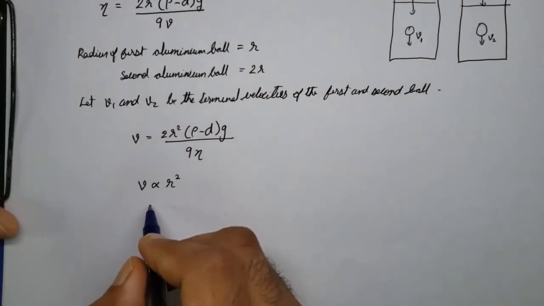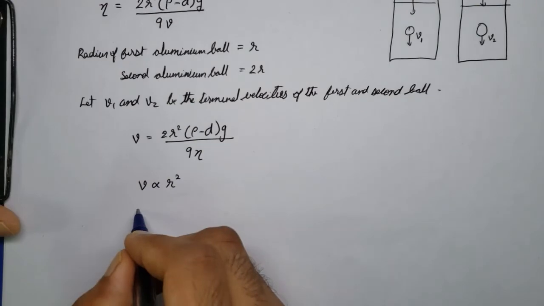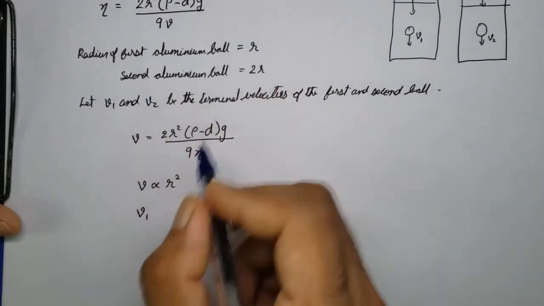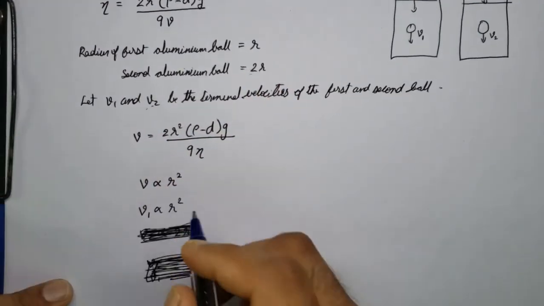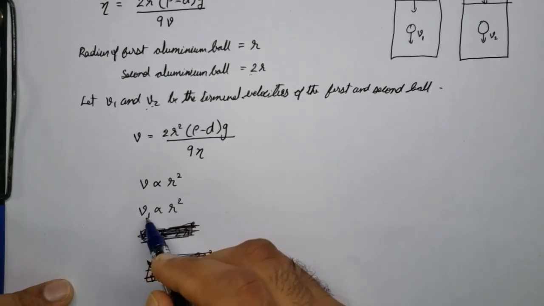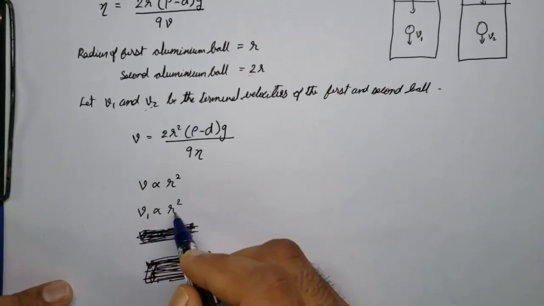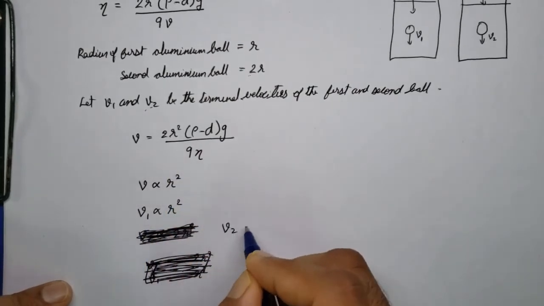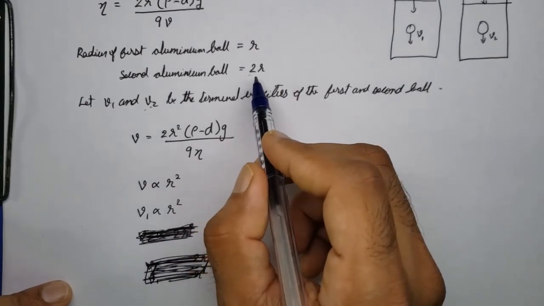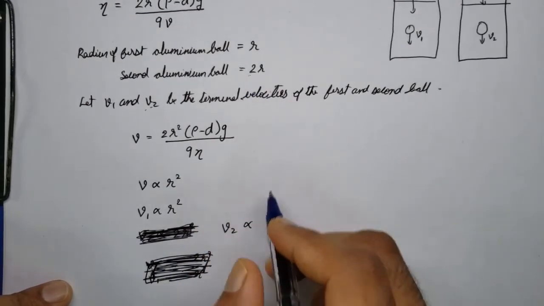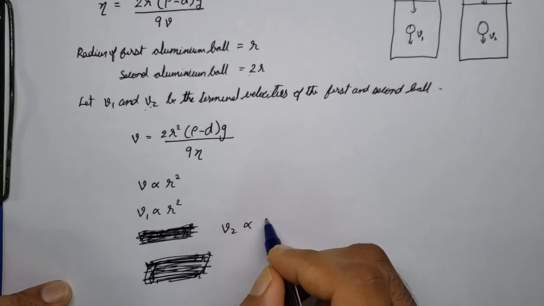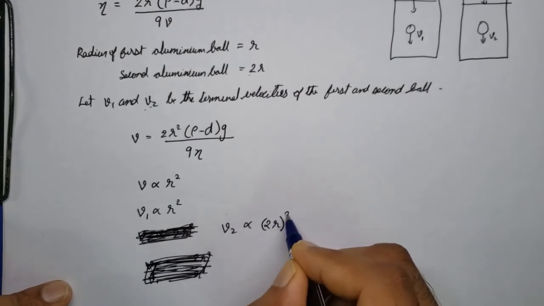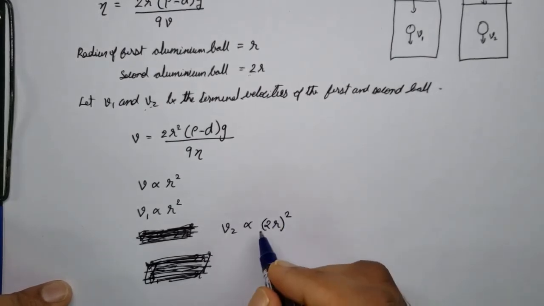So for the first case v1 should be proportional to r square. What about v2? v2 is proportional to 2r whole square, that is radius is 2r, increased two times. So this gives 2r whole square.